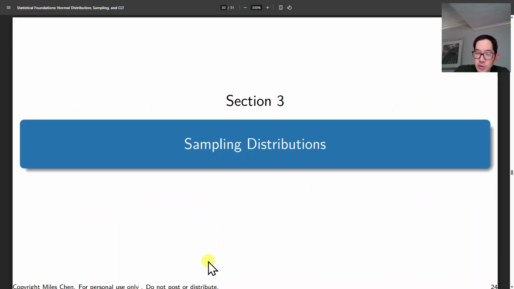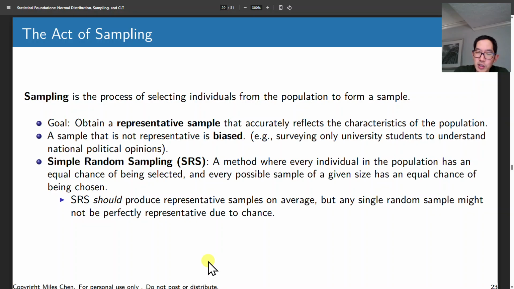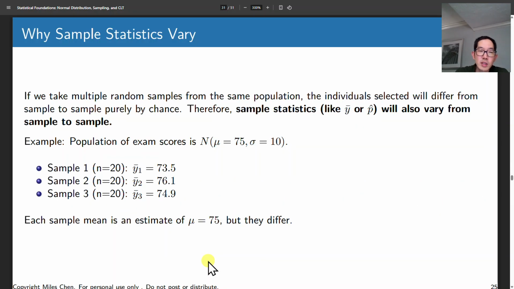Once we establish this terminology, we can talk about sampling distributions. When you do random samples, you're going to get random individuals selected.